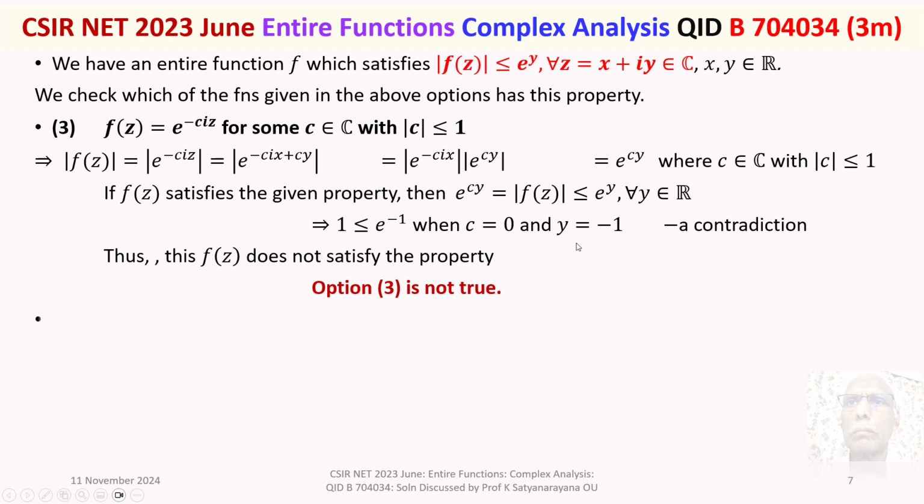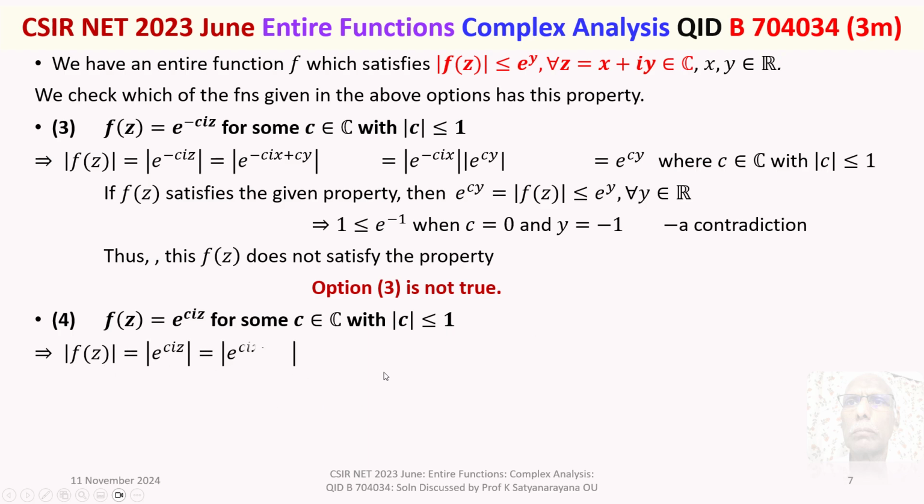Right. Option 4. We do it in a similar manner as in option 3. f(z) is equal to e to the power of ciz for some c belonging to C, a set of complex numbers with mod c less than or equal to 1. Take the modulus, simplify, you will get e to the power of −cy, where c belongs to C with mod c less than or equal to 1.